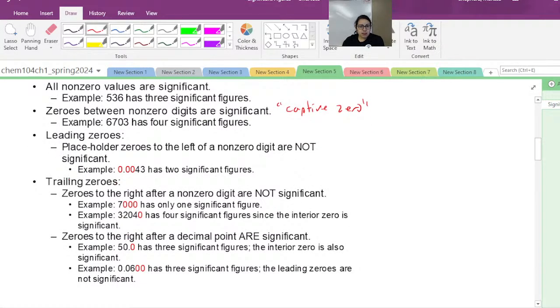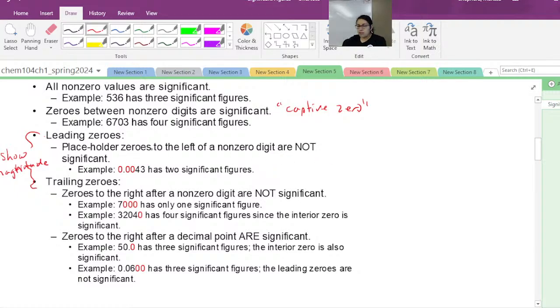Now these next two are not significant. I'll summarize them: these next two rules show magnitude. What do we mean? The first one says placeholder zeros to the left of a non-zero digit are not significant.